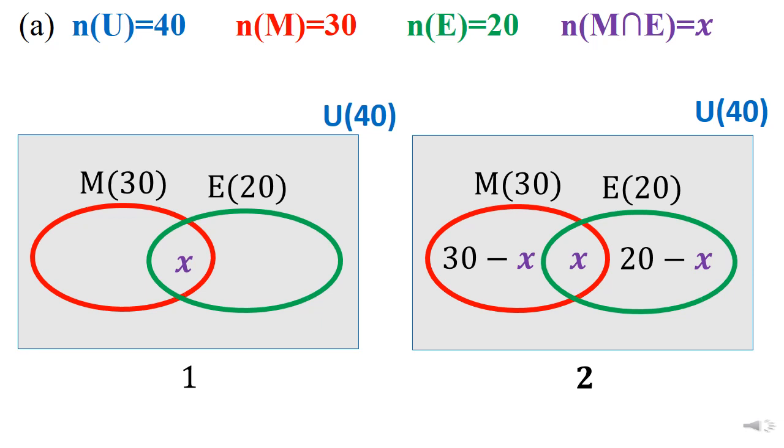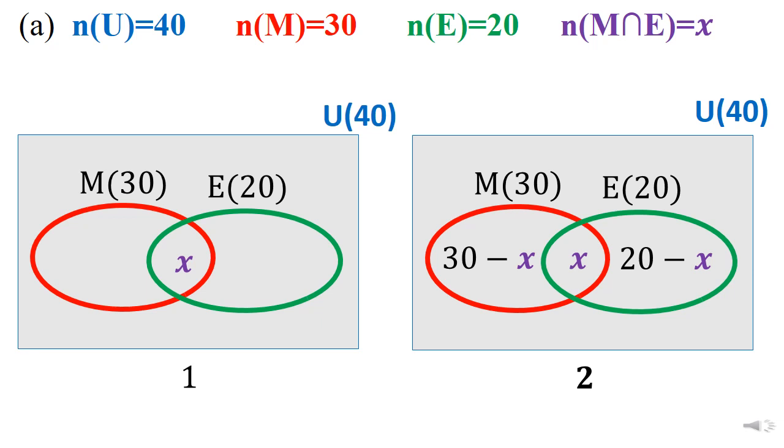You label the diagram according to the sets given. So the universal set, which is the bigger set, the rectangle, that's U into bracket 40. Within the rectangle, we have two intersecting circles. One is for mathematics, which is red, and the other is for English, which is green.